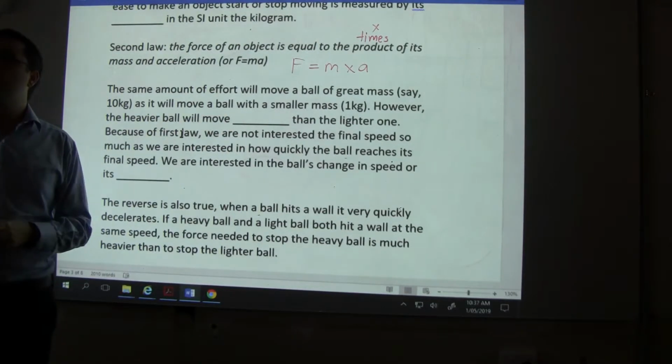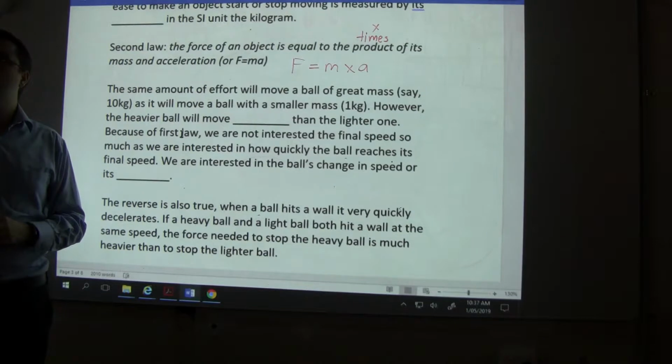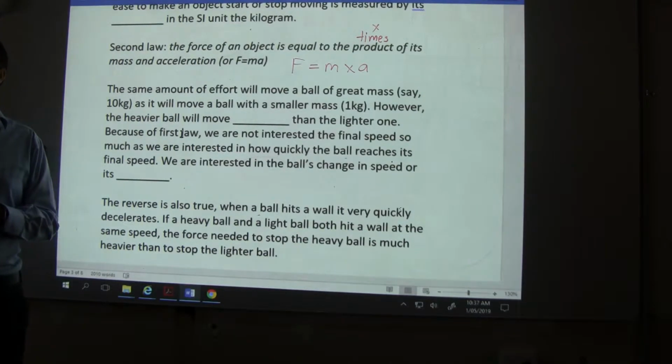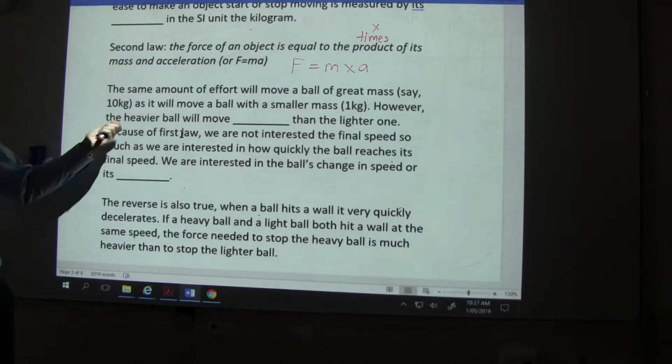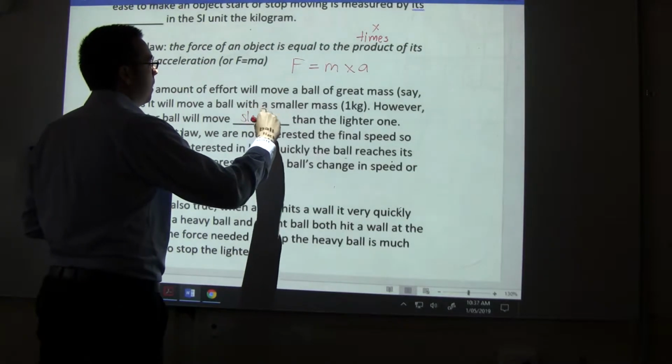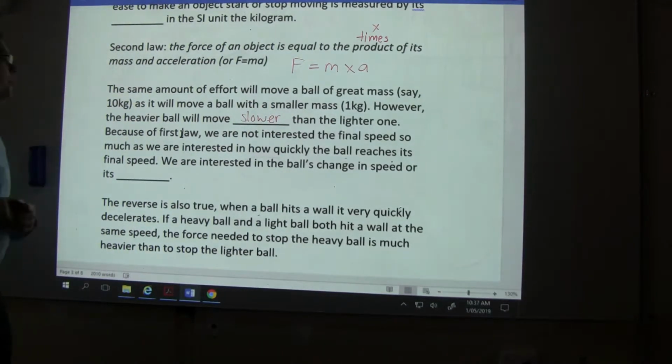If I push a heavy ball and a light ball with the same amount of force, which one do you think will move faster? The small one. Okay, so the heavier ball will move slower than the light one.